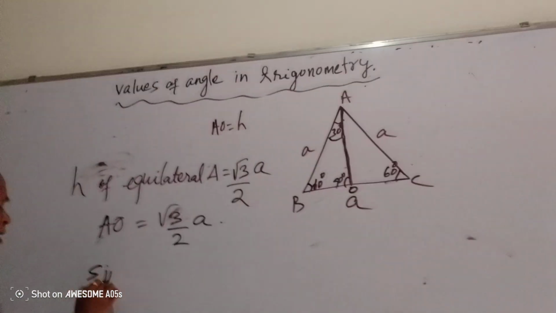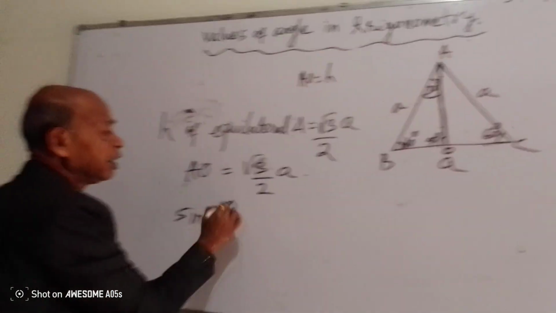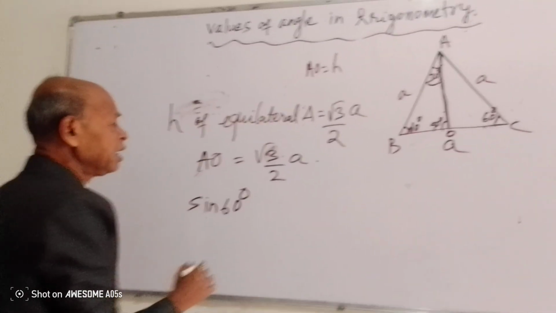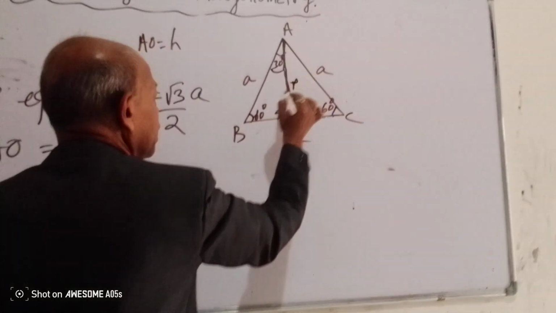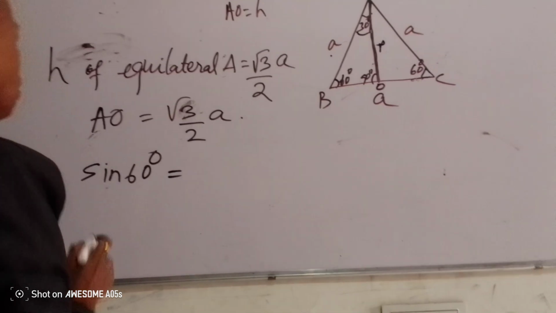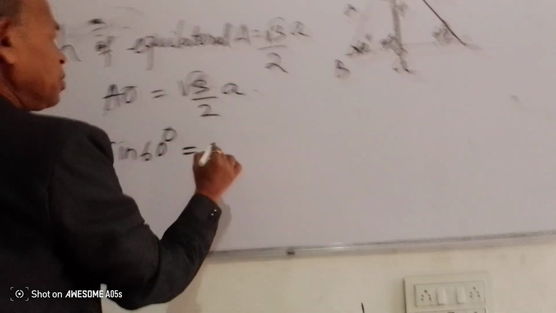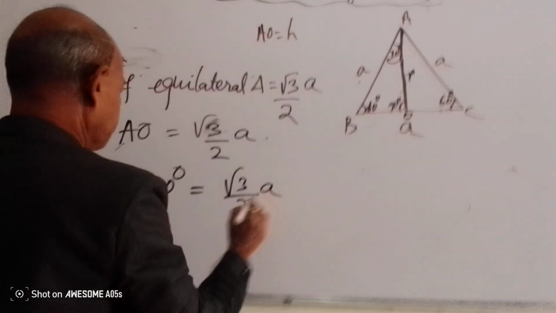Sin 60 degree. According to this angle, this will be your P and this is your H. Now your P will be how much? Root 3 by 2 a.